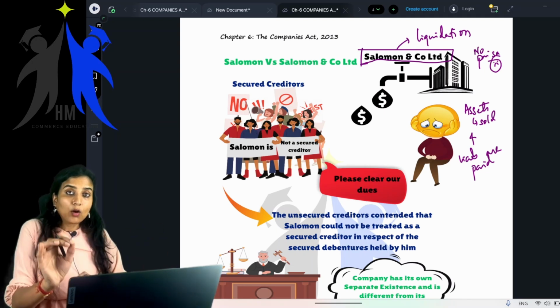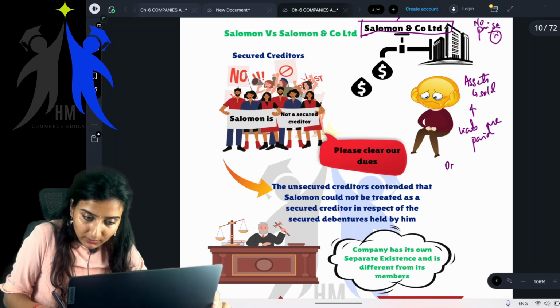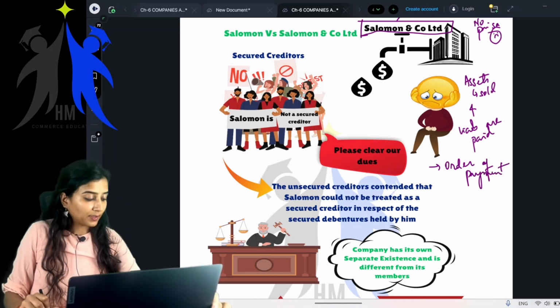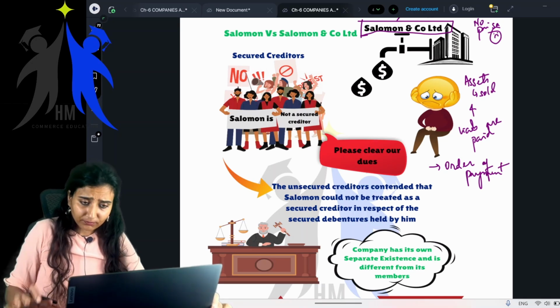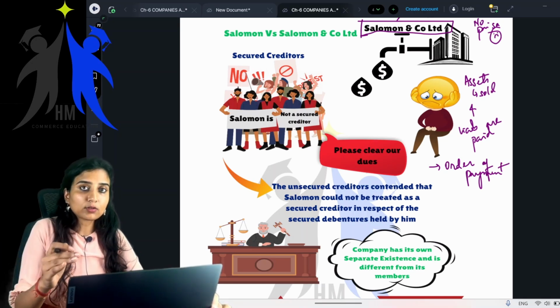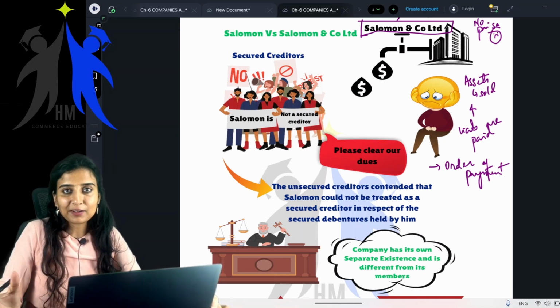Okay, and now very important, there is an order of payment, children. There is an order of payment when a company liquidates. This you usually study in your winding up chapter later, not in foundation. I also told you about IBBI, the Insolvency and Bankruptcy Board of India.